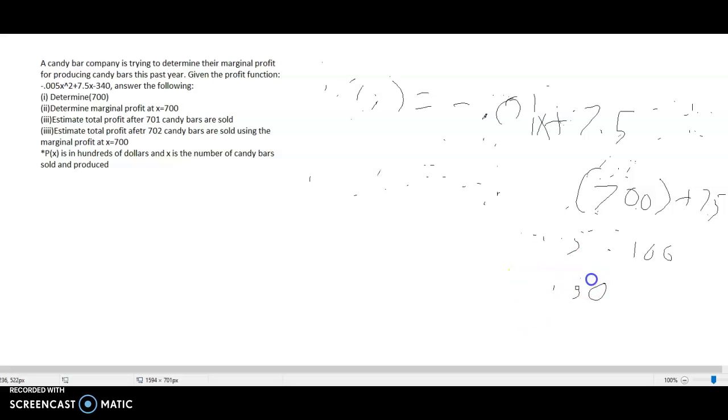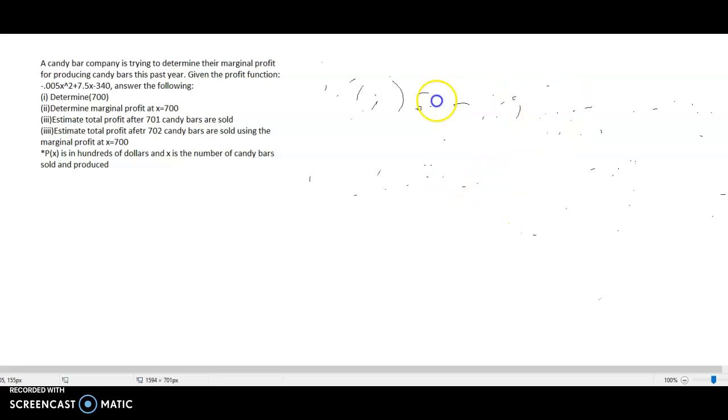In the second question, we had just solved what the profit would be from selling the 701st item, but now it wants to know how much profit in total would be made after selling 701 candy bars.